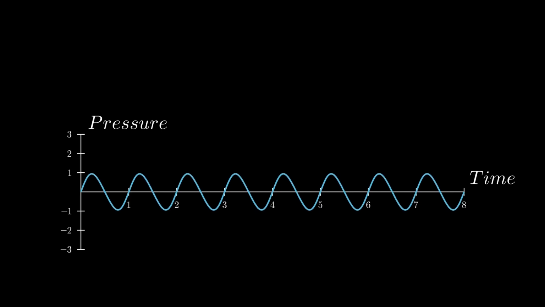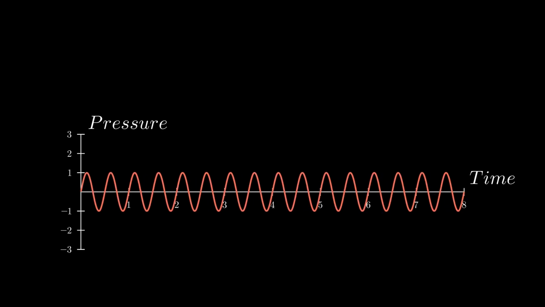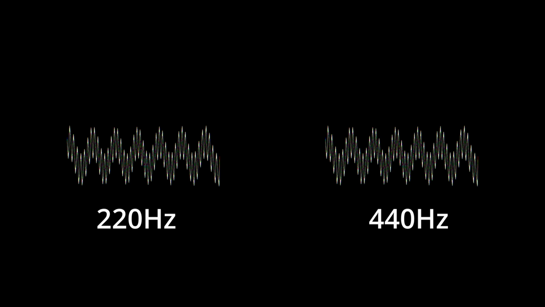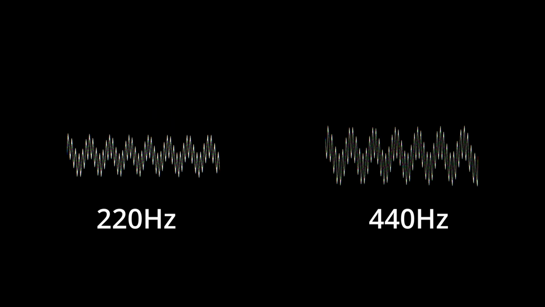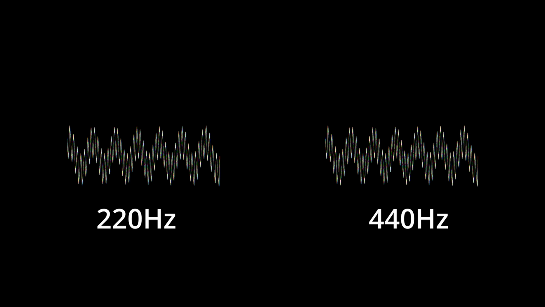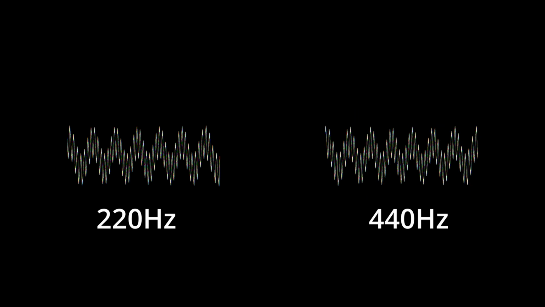As we move to higher notes, the frequency increases. But by how much? How do notes relate across the musical spectrum? There are notes in music that sound strikingly similar. Just one is higher than the other. This special relationship is called an octave.